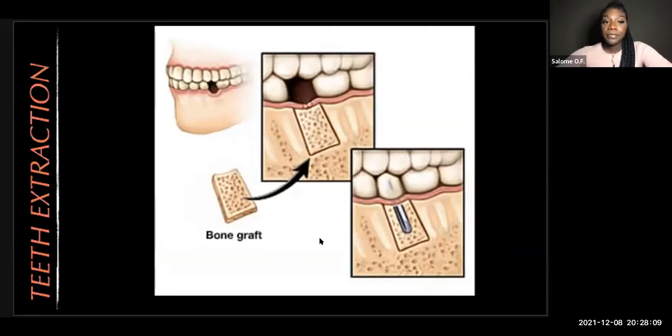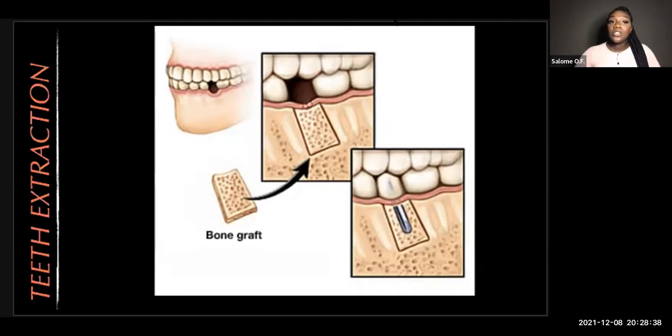So now in the future, if you want to get an implant, you have to invest even more money into your teeth, because we have to do a bone graft first, then wait, and then also get you the implant. So it makes the time frame to replace that tooth longer, and it also makes it even more expensive.